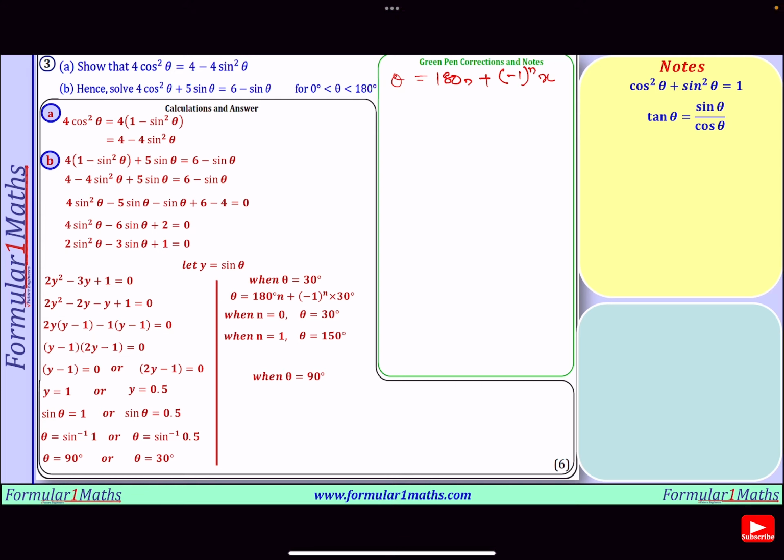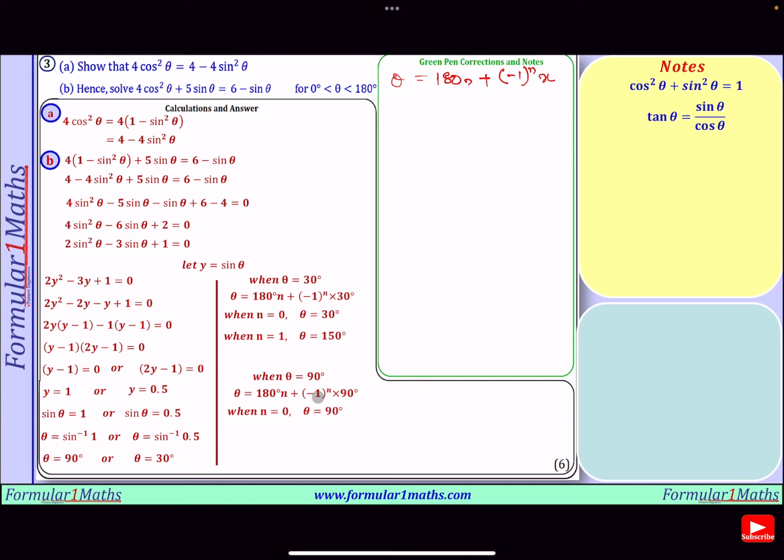When theta is 90, using the same formula and n equal to 0, I'll get 180 times 0 is 0, and minus 1 raised to the power 0 is 1. 1 times 90 is 90. Then if I try 1, 180 times 1 is 180. Minus 1 raised to the power 1 is minus 1.